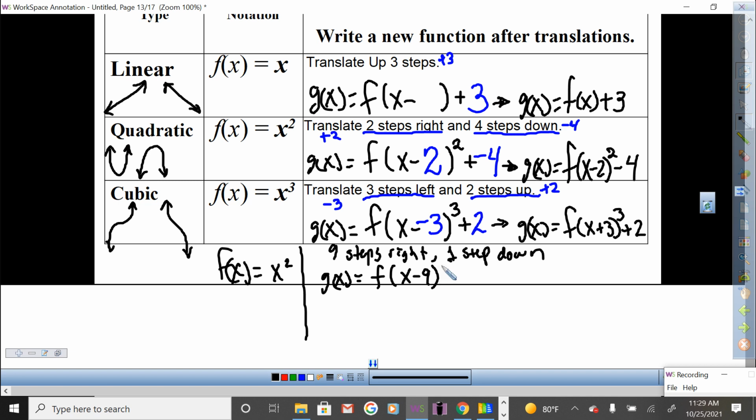Before negative 1. So can you see what's missing? Yeah, the second power, don't forget it's because it's a quadratic, and minus 1. Hands if you got that.